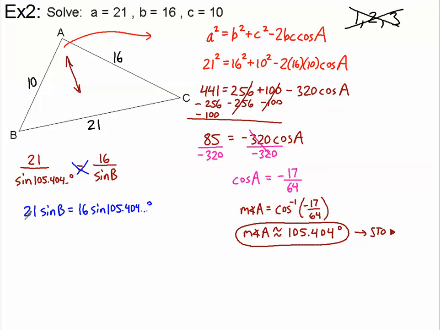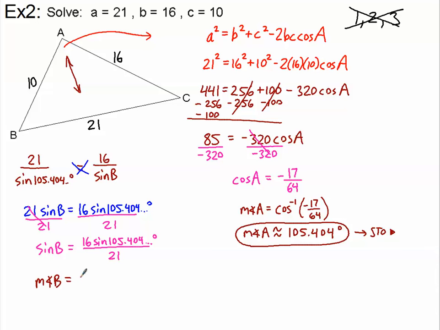Let's divide by 21 and get the sine of B all by itself, and we have that equal to this. And our last step is to take the inverse sine so we can have the measure of angle B.